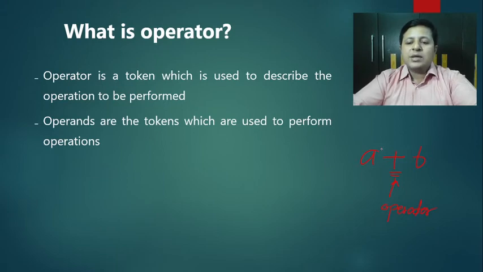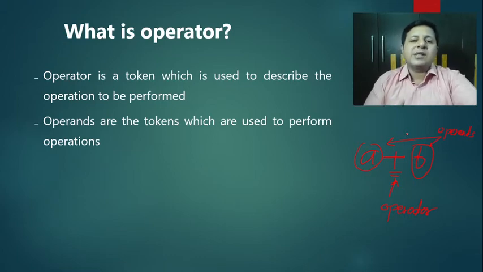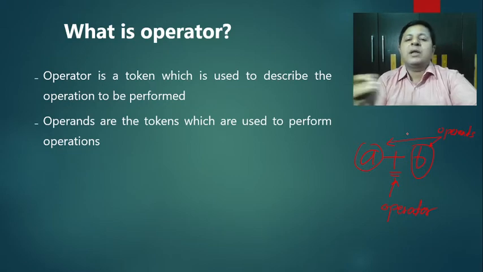Whereas these two, A and B, are called operands, because operands are the tokens which are used to perform the operation. Understood? Whenever you have operators, you have to have operands which will allow the operation to take place. So now addition is happening on A and B, so A and B are called operands.